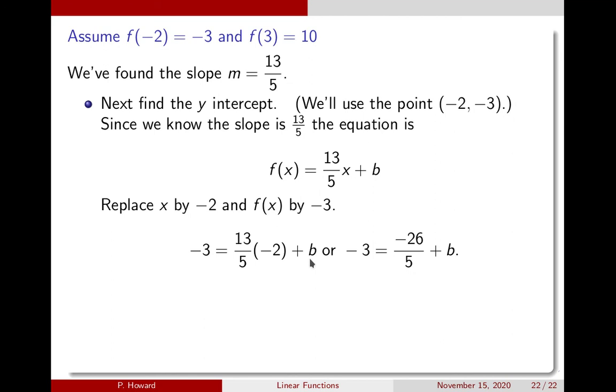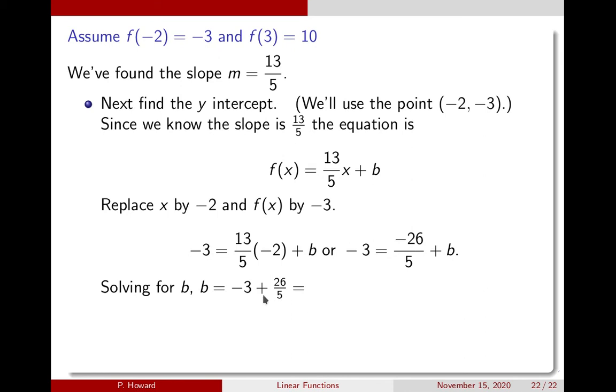And if you multiply 13/5 by -2, you get -26/5, and now we are solving for b. We're adding 26/5 to both sides. So b is -3 plus 26/5.